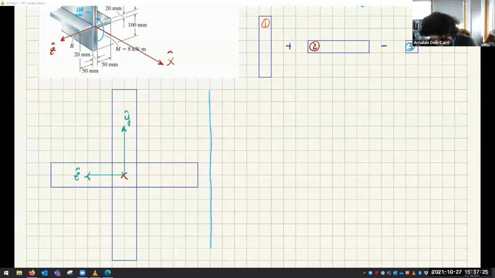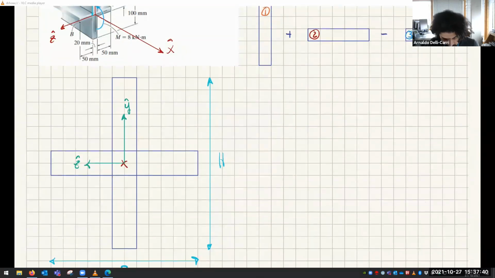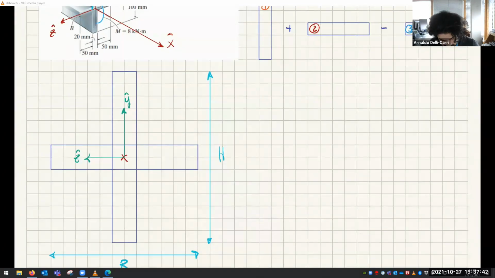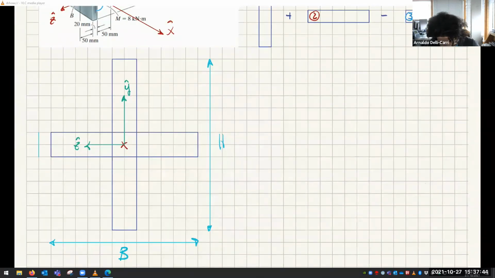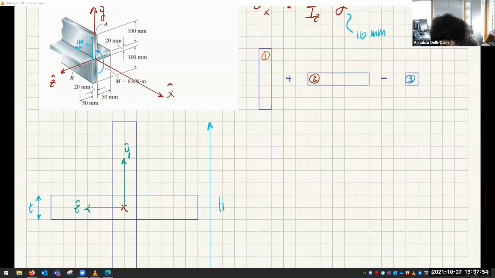Let's say that this dimension here is capital H. This dimension here is capital B. And then I say the thickness is the same. So let me call this dimension here the thickness T. And that should be it.